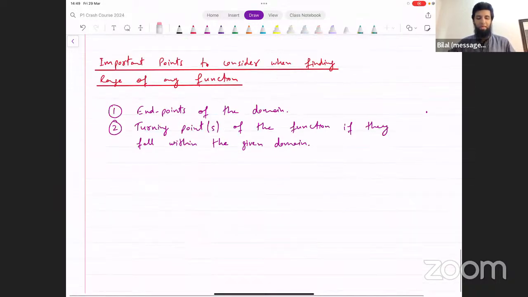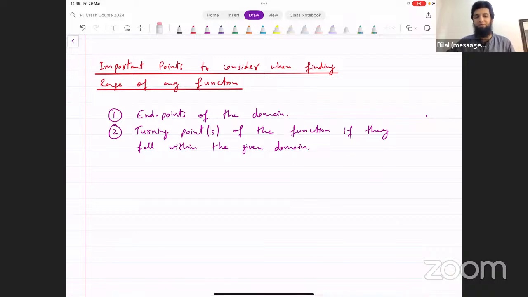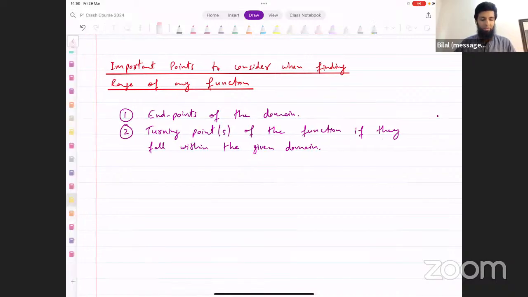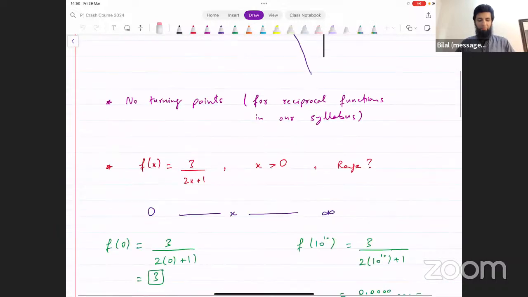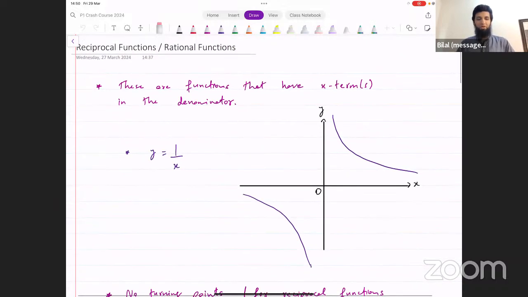So for quadratic functions and for any function in general, we said we would be looking at 2 points when we're looking for the range of the function. One, endpoints of the domain, and the second thing, turning points of the domain. Okay, that's what we talked about. Then we talked about the range of reciprocal functions or rational functions.